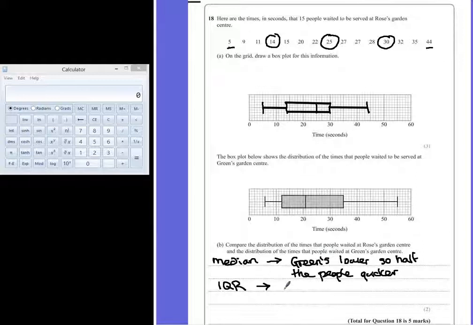So, interquartile range, the comment that we could give for this is that Rose's has a smaller interquartile range, so the times are more consistent. The smaller the interquartile range, the more of the data is packed together closer, which means slightly more reliable or consistent.